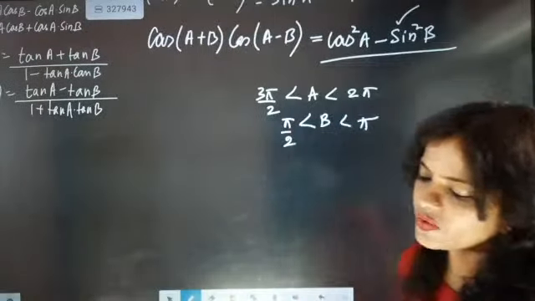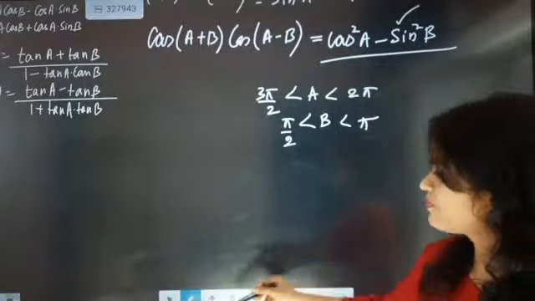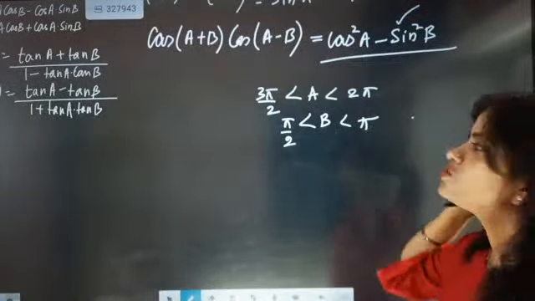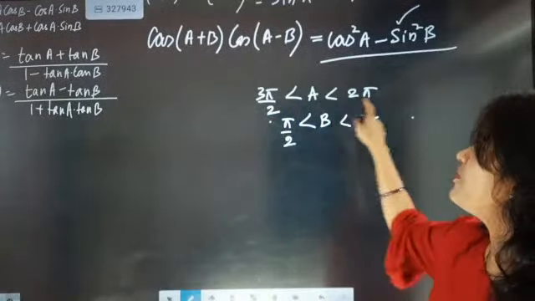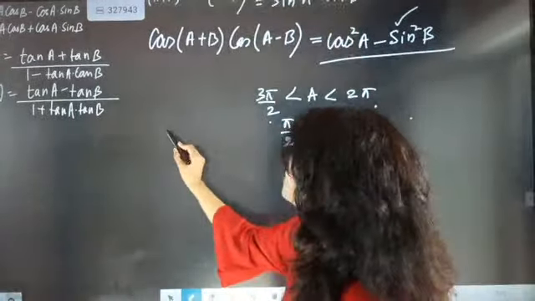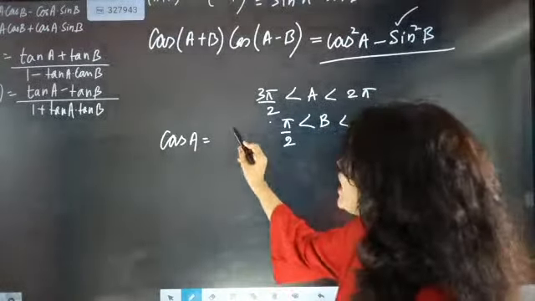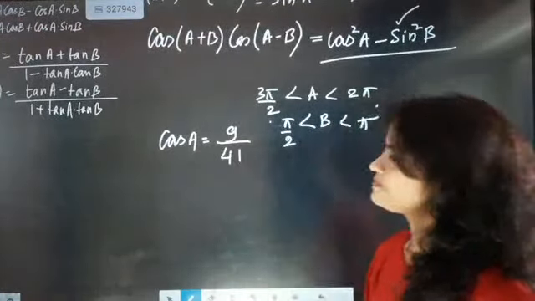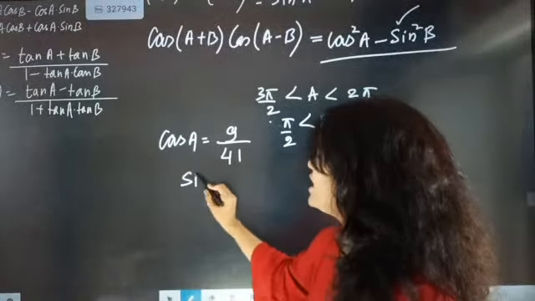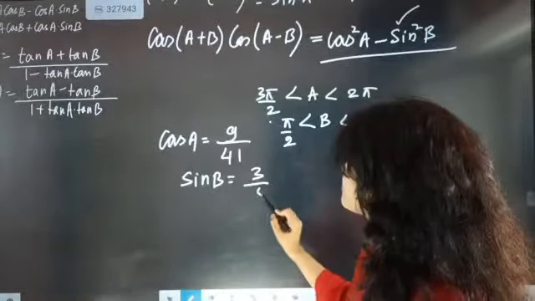So 3 pi by 2 to 2 pi means 270 to 360. Here cos A is given as 9 by 41. And B is from 90 to 180. Sin B is given as 3 by 5.